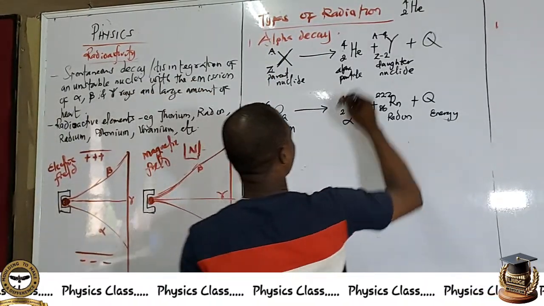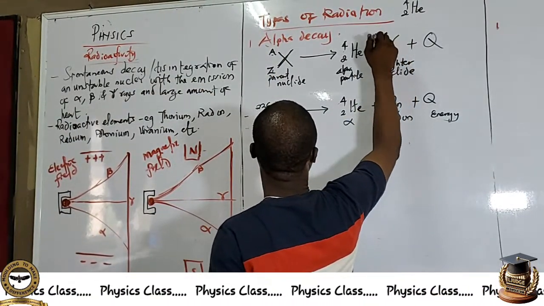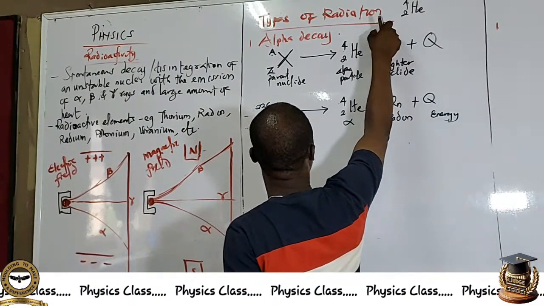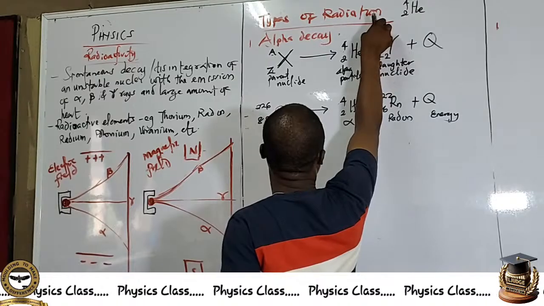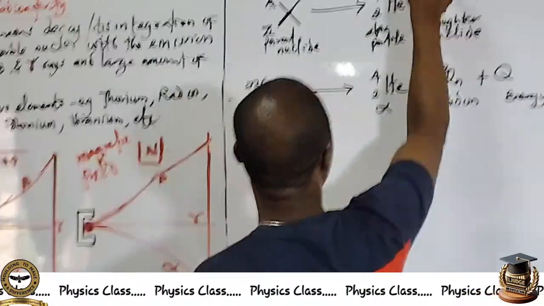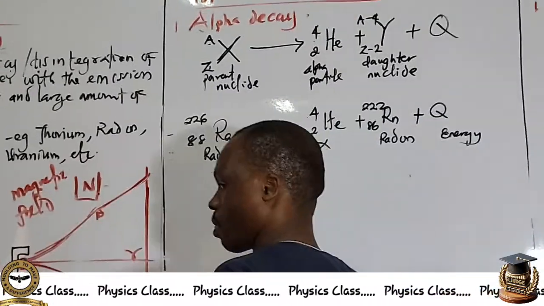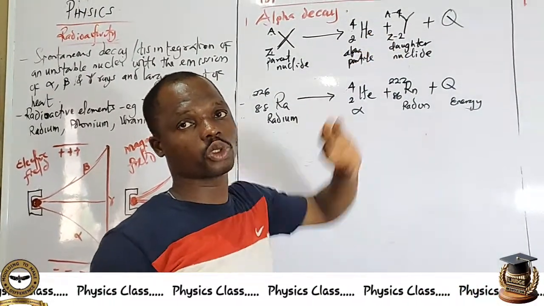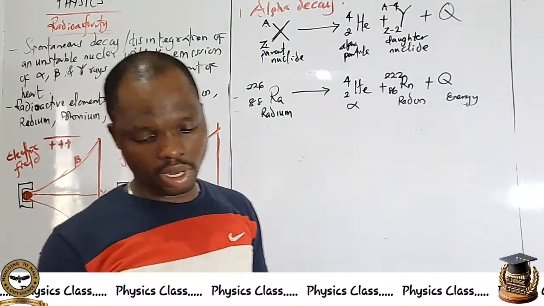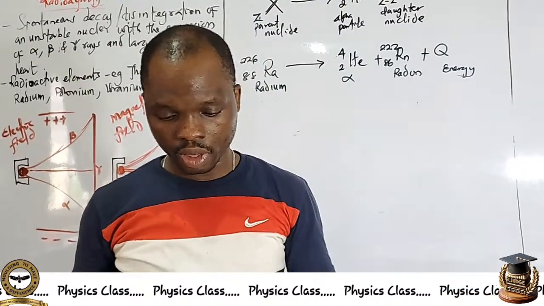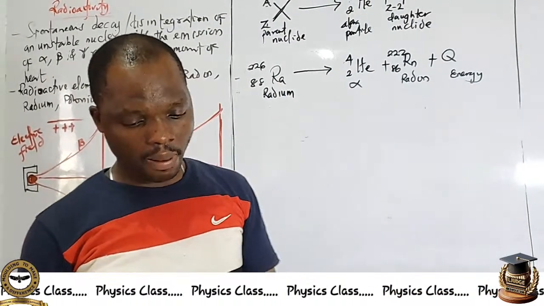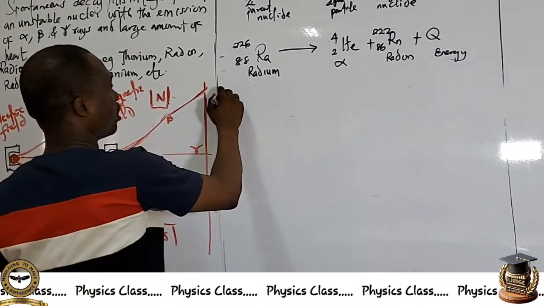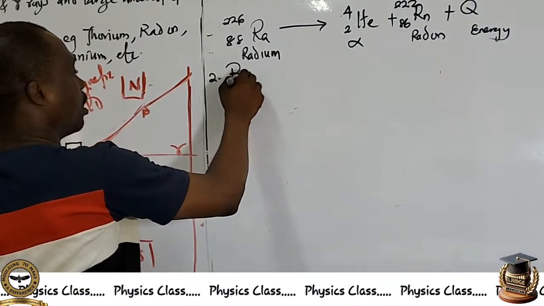The daughter nuclide will have a decrease of 4 in the mass number and a decrease of 2 in the proton number or the atomic number. So that is that for alpha decay. Let's look at beta decay, the second one.